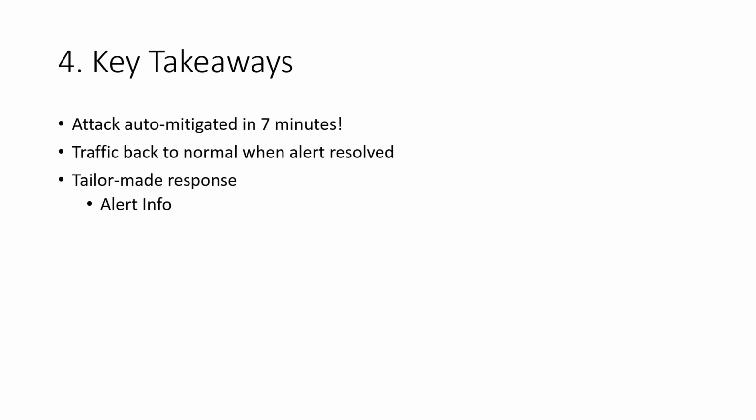In this case, we used the country of origin and we used the baseline expected request count from the alert info. And then we also utilized the request logs, more specifically the sender IP addresses, which were sending the most traffic during the attack. We leveraged this information to target specifically those IP addresses.